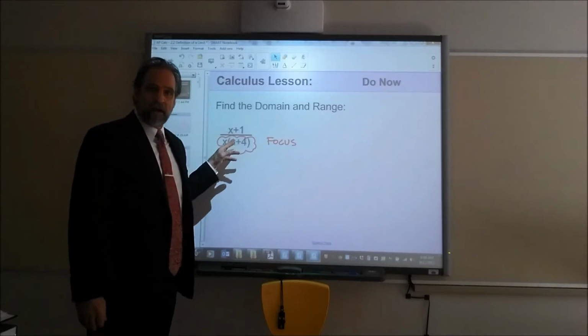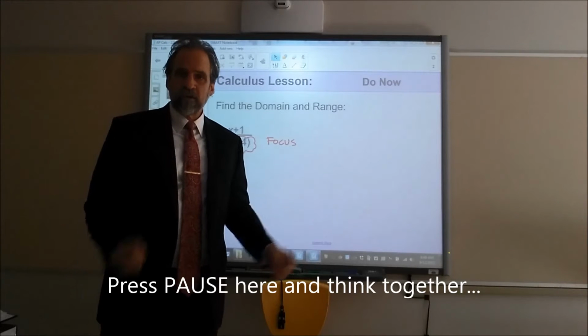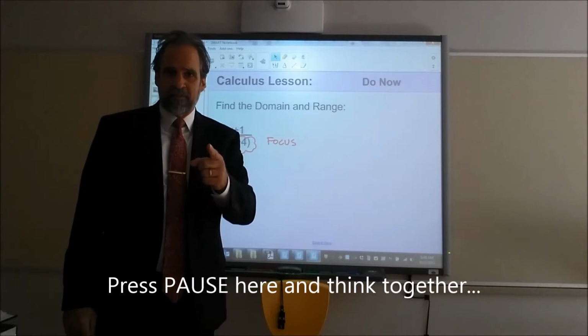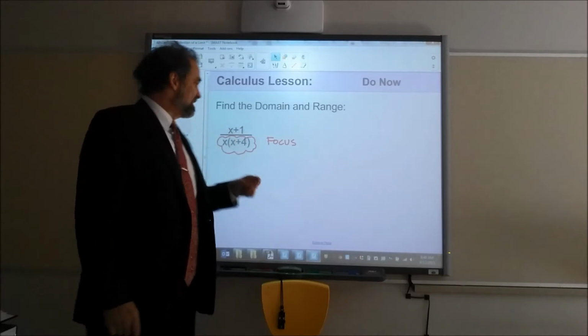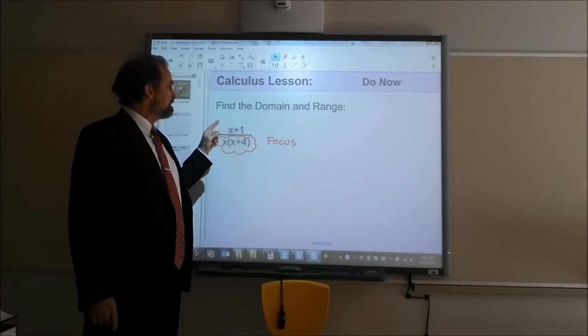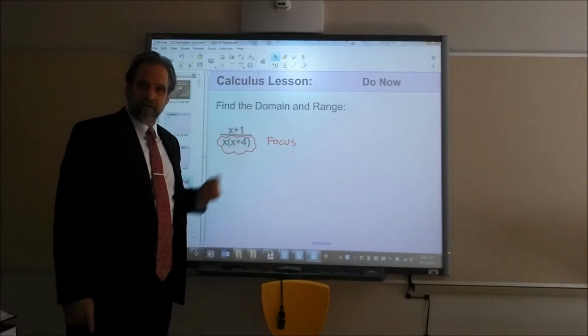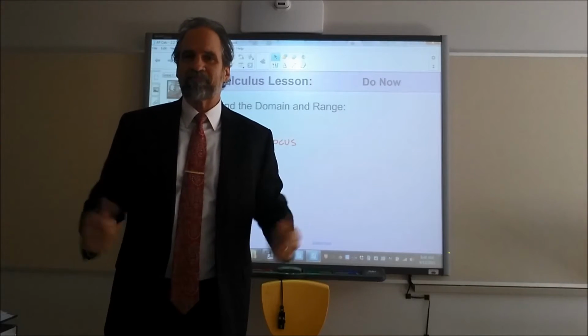So I'm going to focus on the bottom, because if I have a fraction, there's one value I can't have on the bottom of a fraction. Think about it. That's right. It is 0, because I can't have some of nothing. I can't have a part of nothing. Nothing is sort of conceptual, right?